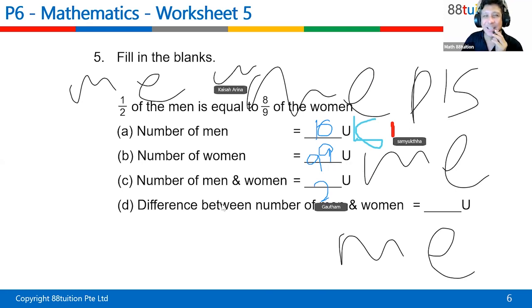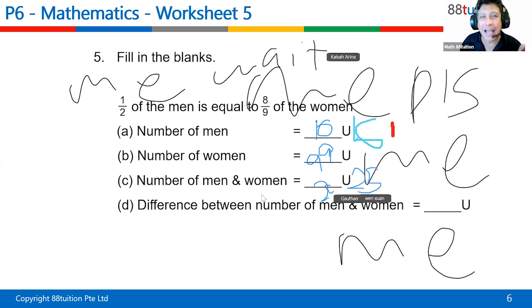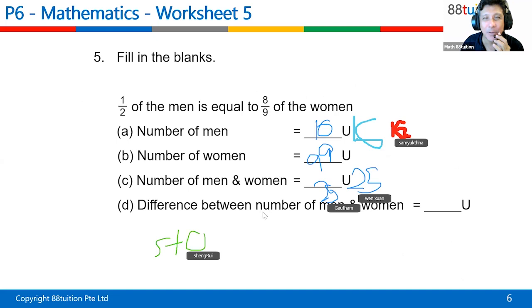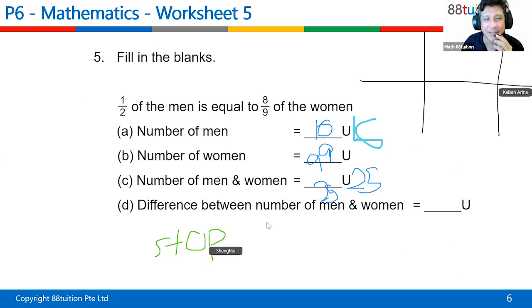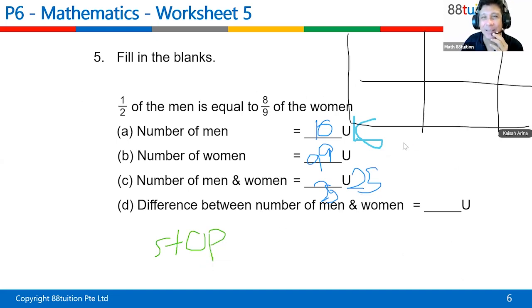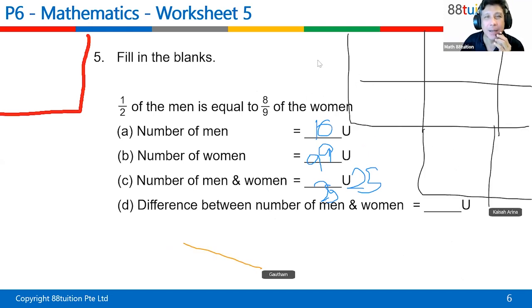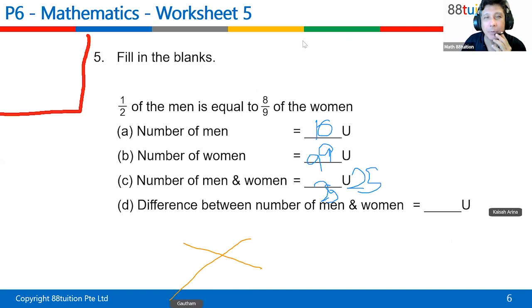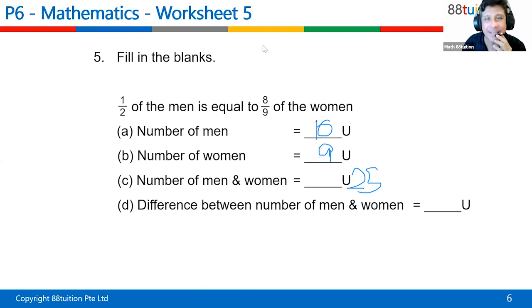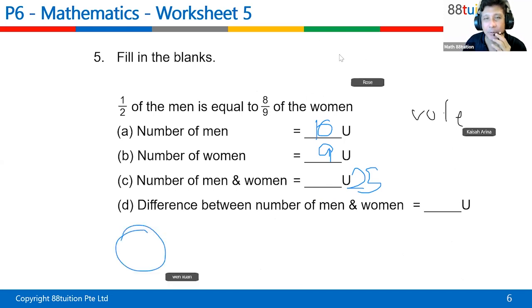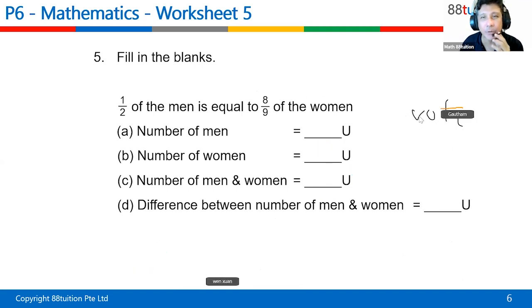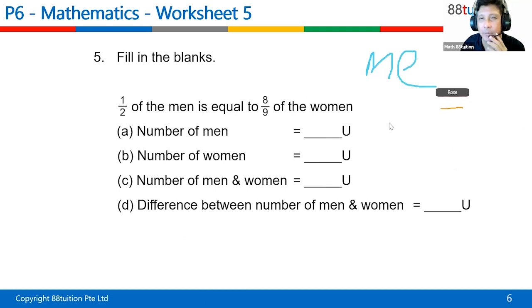Now, children, if everybody writes, then it becomes a mess, right? So hold on, wait. Everybody hold on. Shengri is saying stop. Now we don't have space to fill this. So I tell you what we will do. We will take turns, all right? We take turns, okay? All right, so let's just see first because I think we already have people who wrote. Oh, they cleaned it. Okay, so who wants to start?